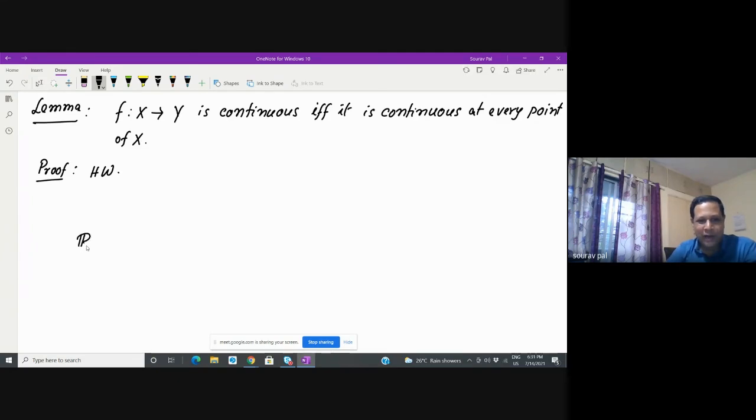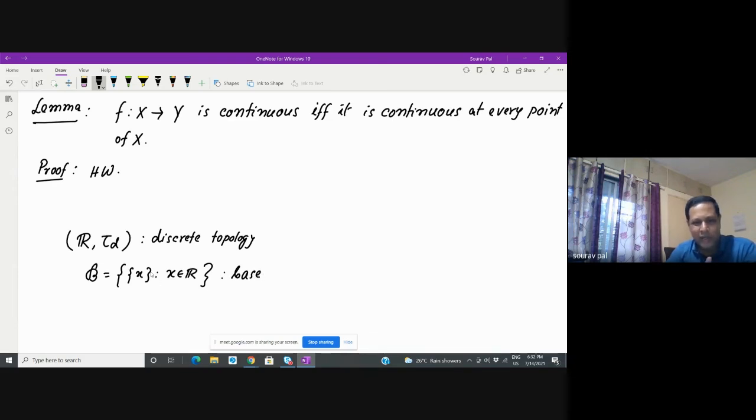If you look at R with tau d, the discrete topology, that means all sets are open. Now if you collect this script B, all singleton sets {x}, x a real number, then this is a base. You agree with this, right? All one-point sets, if you collect all of them, form a base, right?